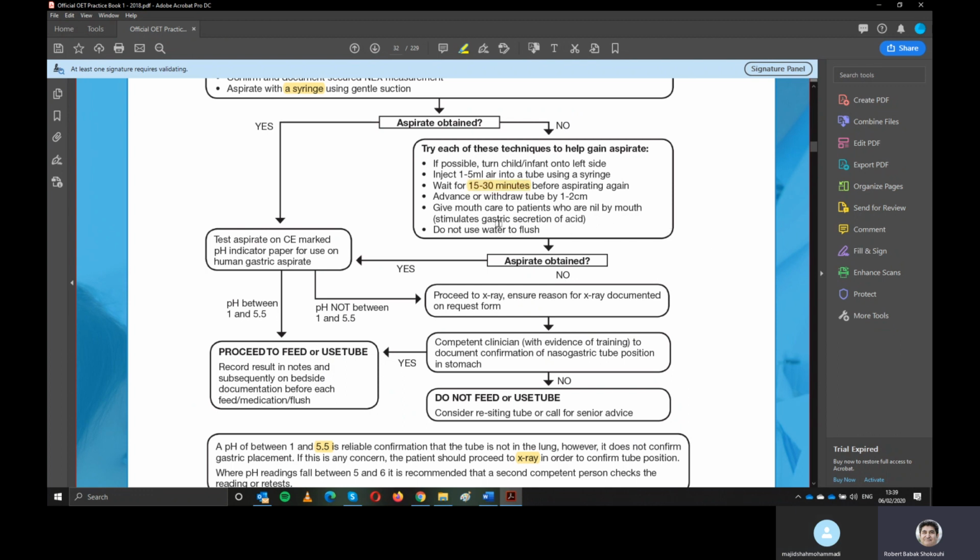And then, if not working again, advance or withdraw the tube by 1 to 2 centimeters.